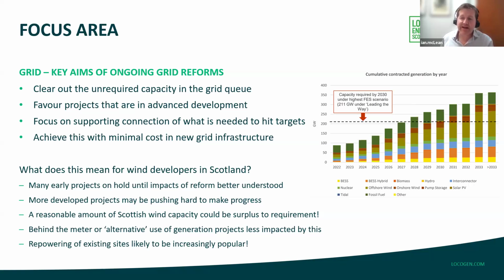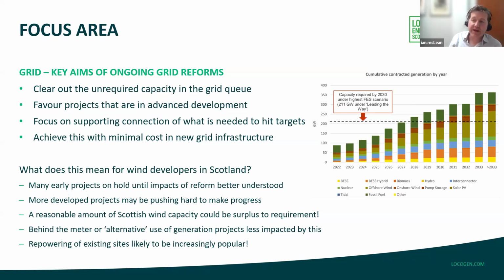It is likely, and certainly the Clean Power 2030 document did highlight, that there's not a huge amount more Scottish wind capacity that is already in the planning process or is ready to construct needed to reach the 2030 target.